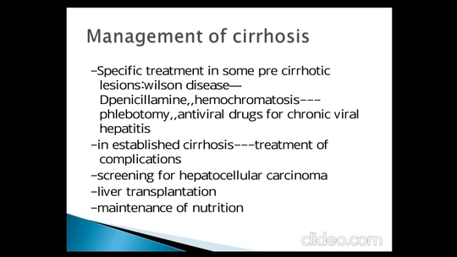So management again depends upon the various drugs. We'll not go much into that, but we definitely have to know about it. There should be screening for hepatocellular carcinoma in cases of cirrhosis, because it can progress to this malignancy.